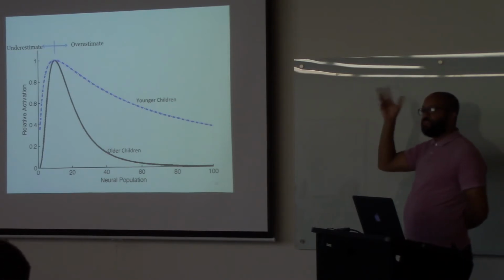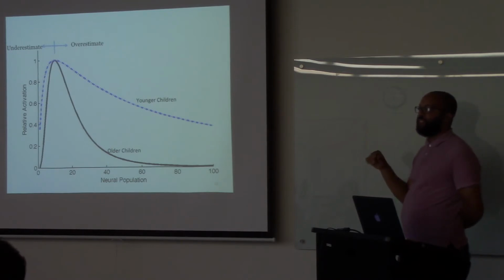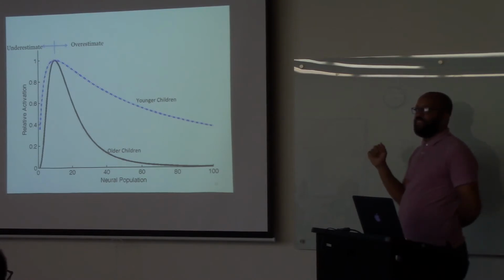You're supposed to be representing 18, but let's say you have really broad, imprecise neural tuning curves. The peak firing rate is supposed to be the neural population for 18. But if you're really imprecise, maybe what actually happens when you implement this is that the peak value is at 21.